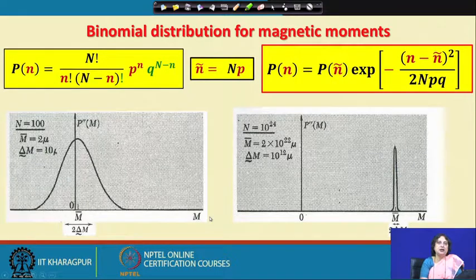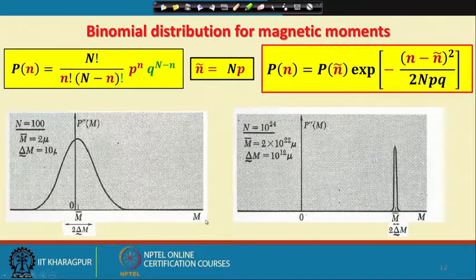But if I change the number to 10 to the power of 24, which is typically what we have in a realistic system, then the average magnetic moment is going to be very large, and is located somewhere here. The main difference is that here you have a wide distribution, but here, compared to all possible values of capital M, you have only a very narrow distribution.